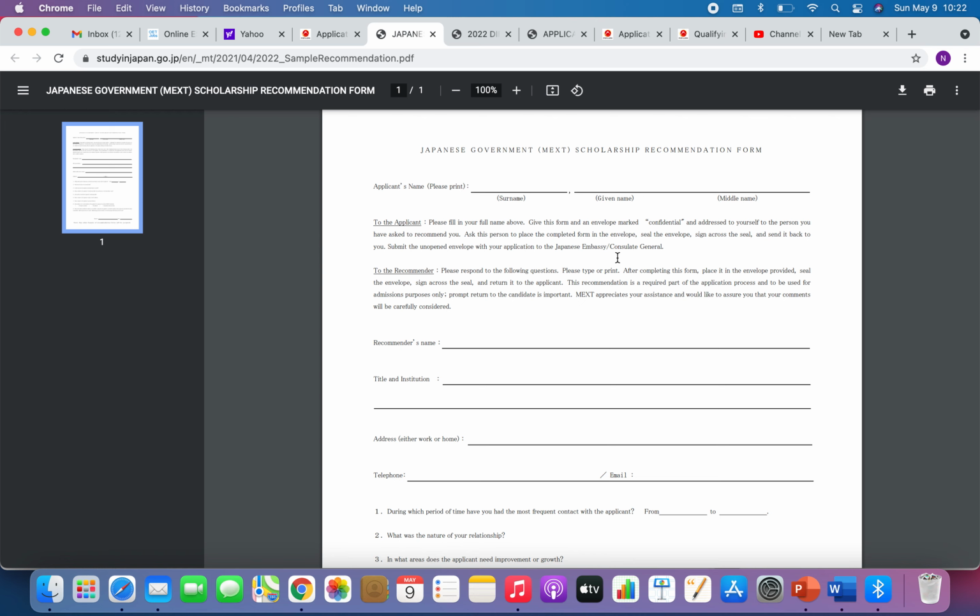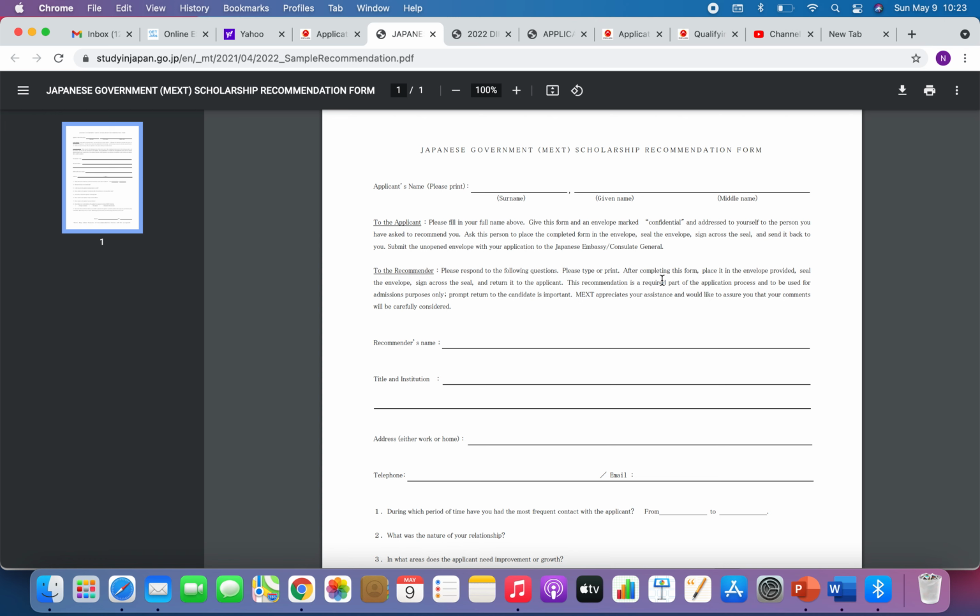You should just give the person a form with your name written on it, that's all, and then you put this form in an envelope which is written confidential and addressed to you. And then when this person is done filling this form, they would put the form back inside the envelope, seal the envelope first of all, and sign on the envelope, indicating that this envelope has not been opened.